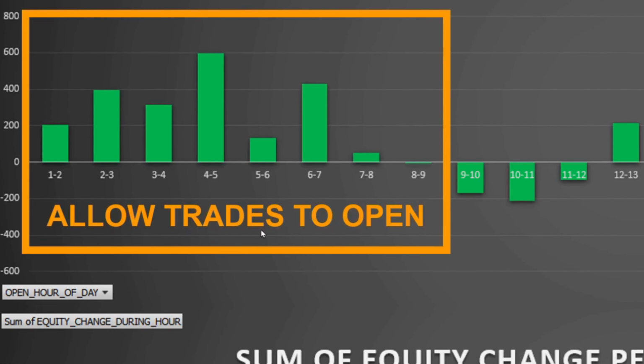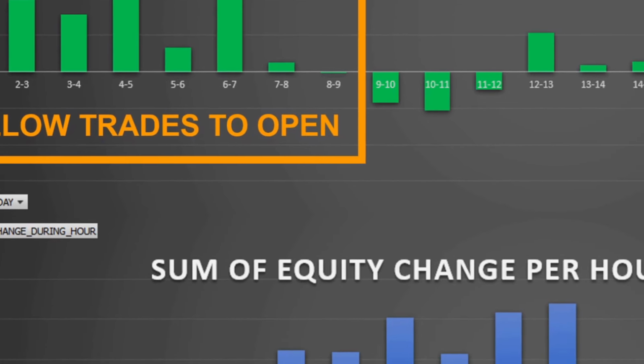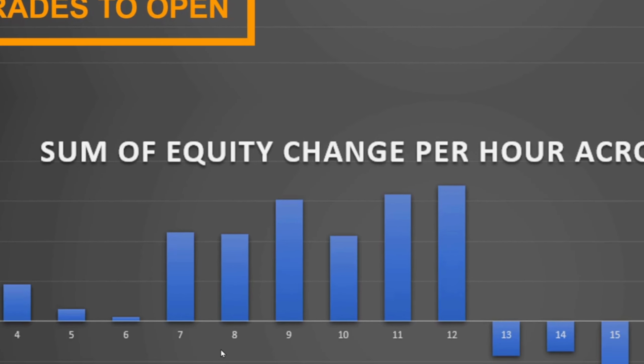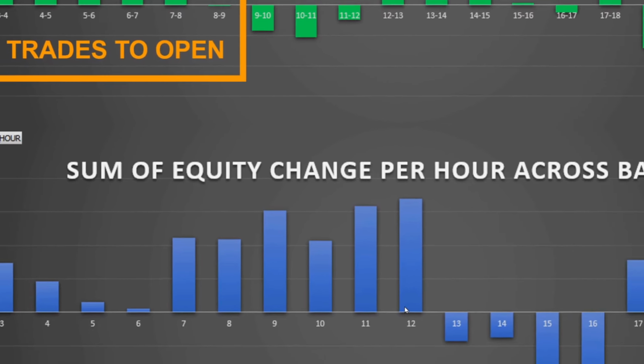We opened trades during the Asian session, and just like the hypothesis that I put forward in previous episodes, we then see a very positive impact on the equity in the first half of the European session.